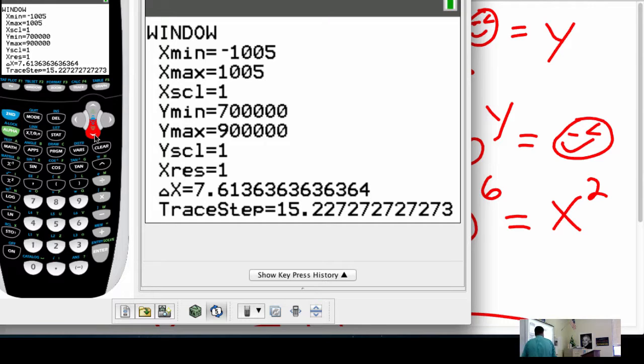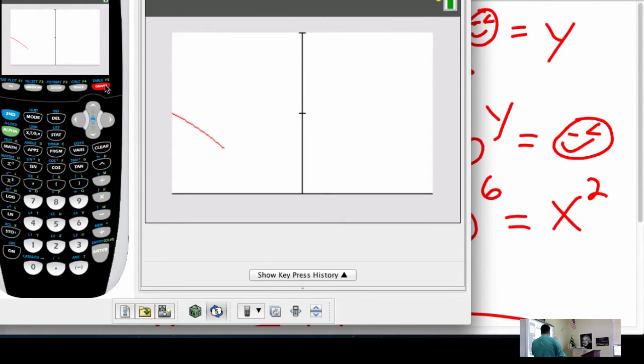And our y min and y max are our minimum and maximum y values. And we're looking to where y equals 6. So I'm going to go a little bit above 6 and a little bit below. So my y min will be 5, and my y max will be 7. Let's graph those bad boys.